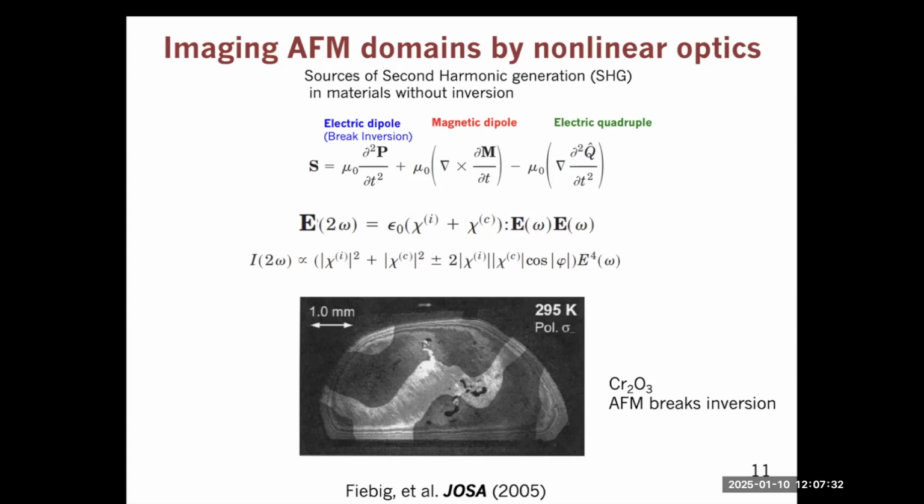So how do you distinguish? If you see a 2 omega signal, do we know it's coming from the second order response of the electric field? You have to break T symmetry to see it in the second. That's magnetic dipole, which is really weak in the optical regime. Yeah, usually it's much weaker. So in principle EH and HH are all allowed, but they are really weak. Okay, so that's how you couple to magnets.